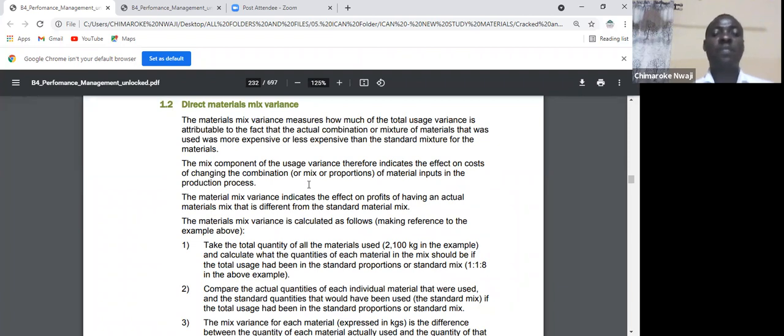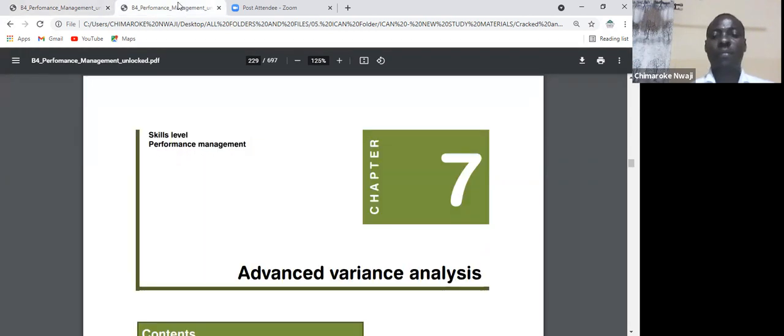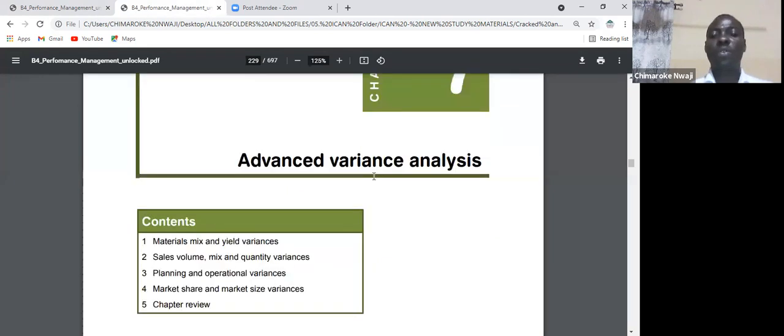Now, the material mix variance is calculated as follows, and we're going to be making reference to that example. The first step, take the total quantity of material, 2,100 units. That is the total quantity of material used.